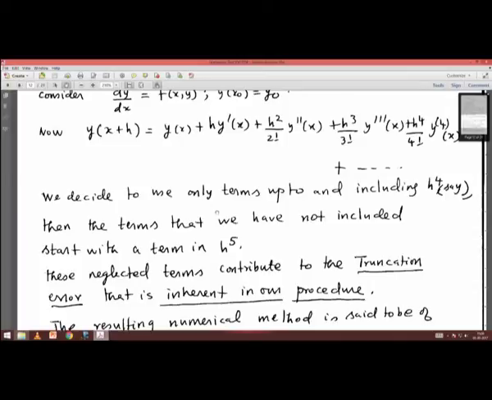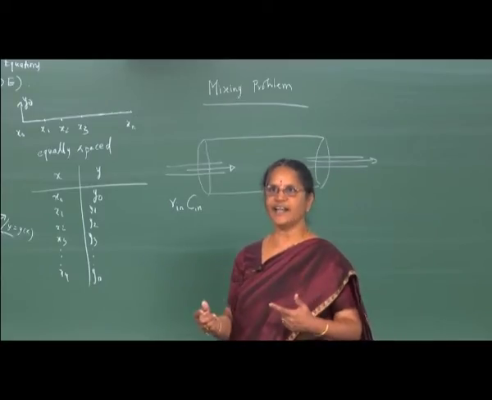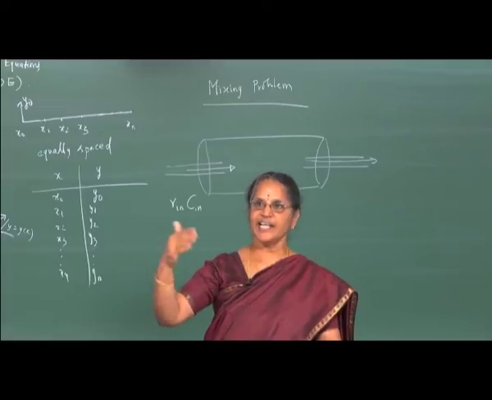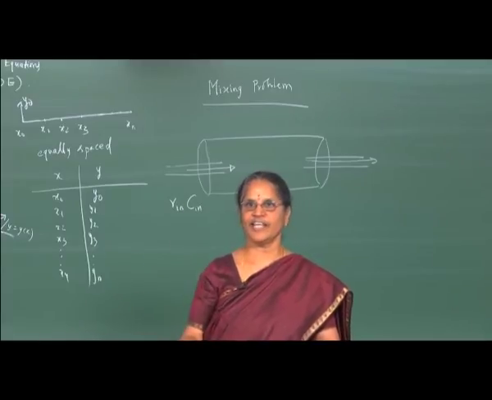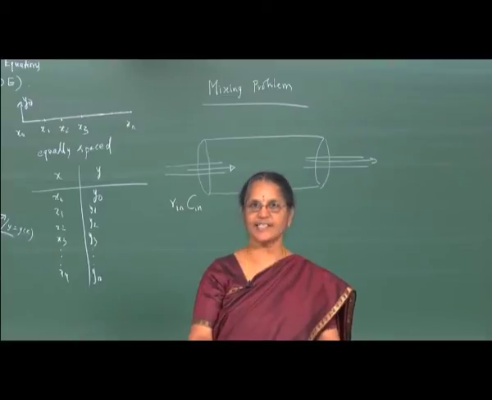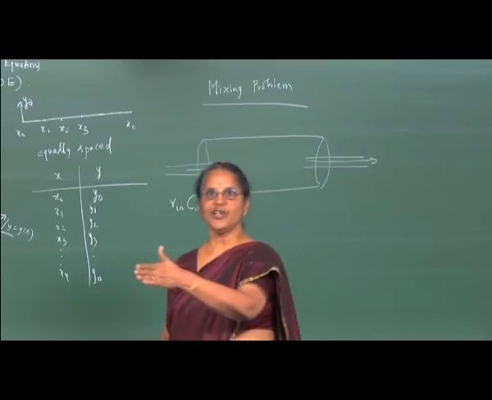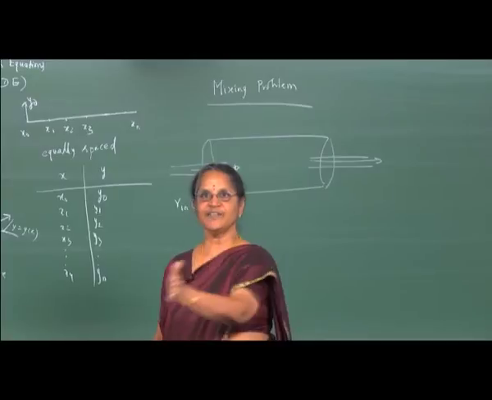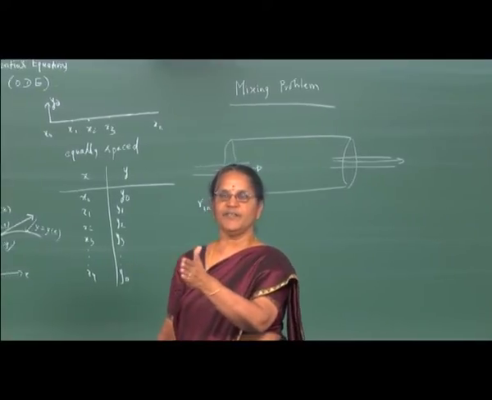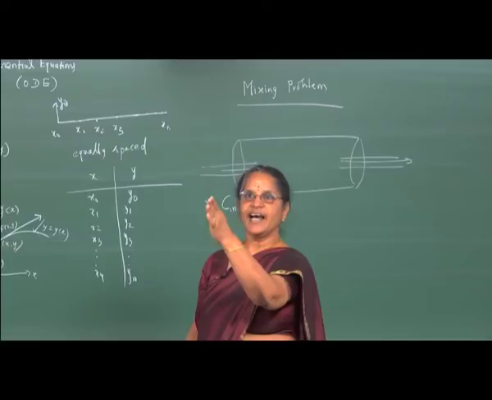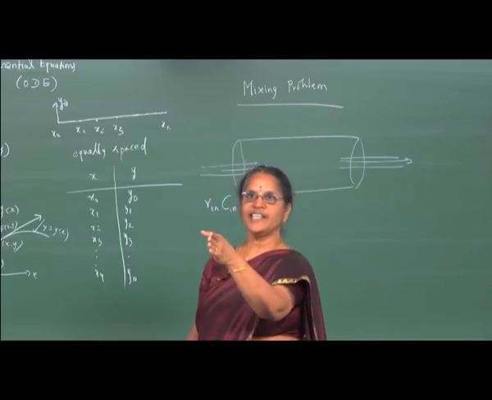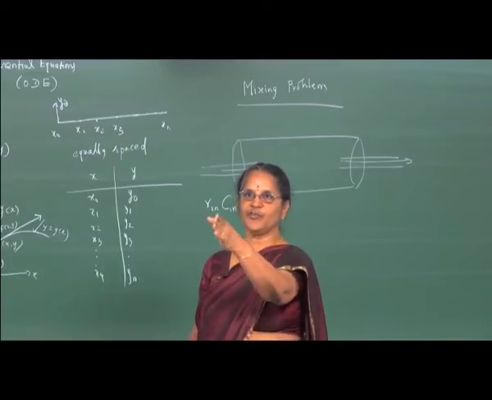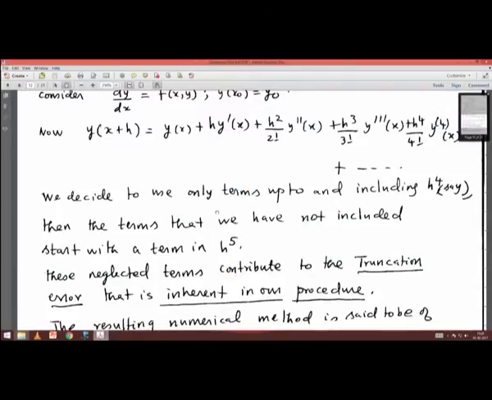What is a truncation error? The truncation error is an error due to truncating an infinite process to a finite process. So, in this case we have a Taylor expansion of y of x plus h which contains infinite terms, but we truncate it say at the term which contains h to the power of 4 by factorial 4 into the fourth derivative. So, an infinite process is truncated and only a finite number of terms is taken into consideration.